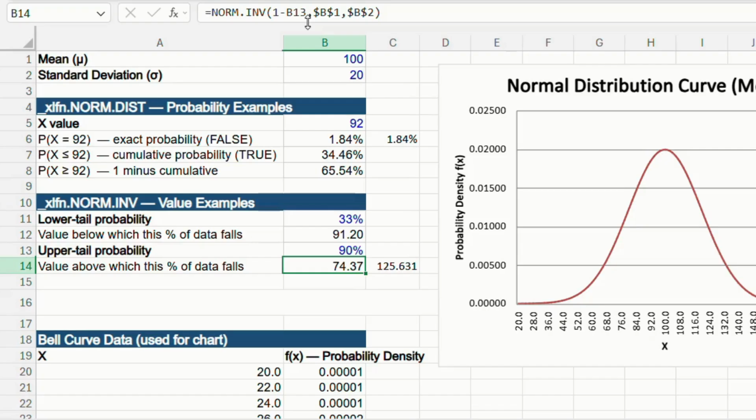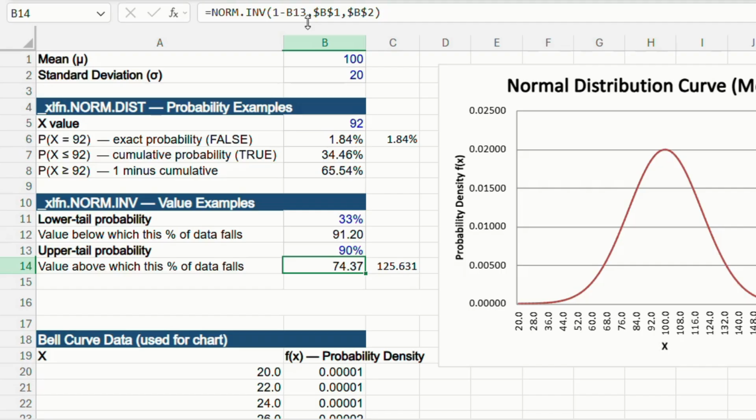So let's recap. Normal distribution describes data clustering around the mean with spread defined by standard deviation. There is the empirical rule, the 68, 95, 99.7 rule, that quickly estimates how values spread out. If we want an exact value, normal distribution with the value, mean, standard deviation, and false.